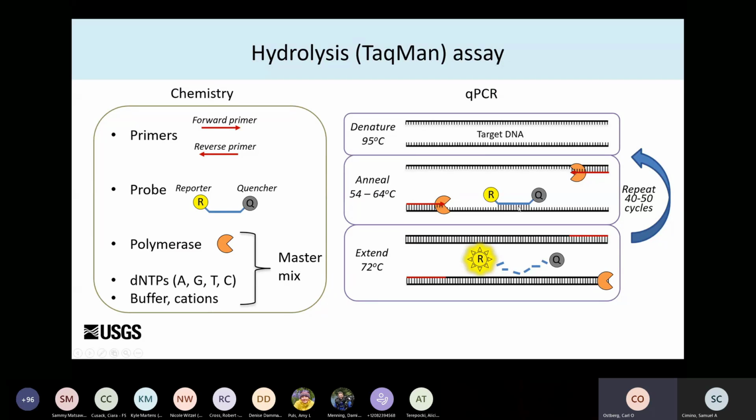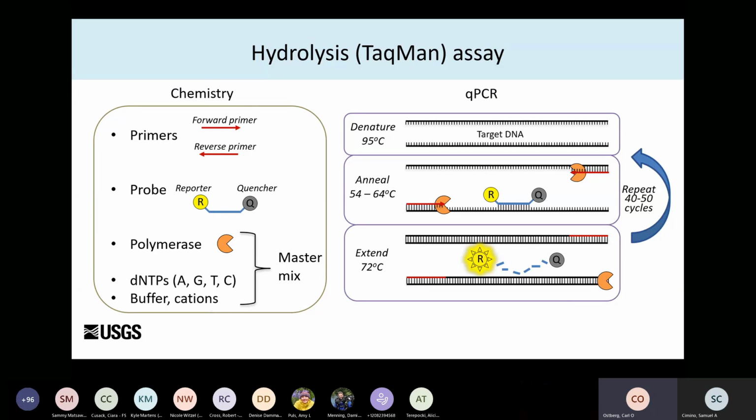You'll notice the probe is strategically located to sit between the forward and the reverse primers. The polymerase then begins to synthesize a new DNA strand during the extension stage.